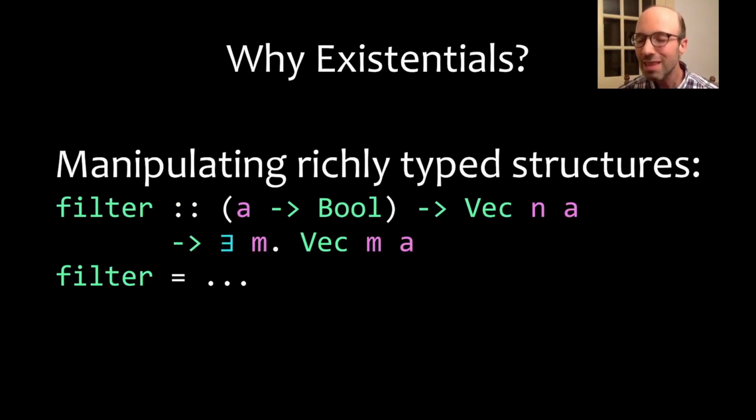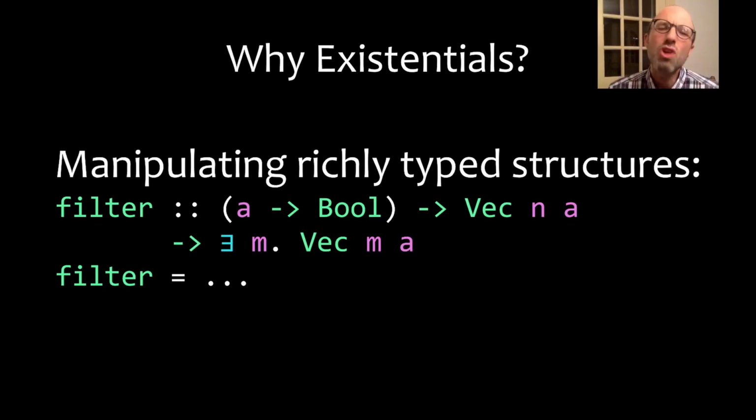Another related application is that maybe I already have my richly typed structure, but I want to perform some operation on it that means I can't really preserve my knowledge that's encoded in the types. So if I have length-indexed vectors here, n, and then later m, this is the length of a list essentially, right? I want to be able to filter that list.